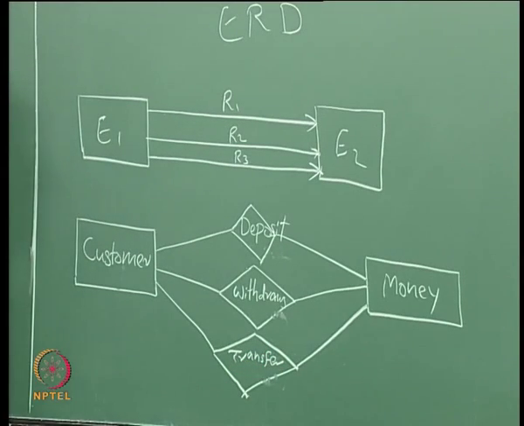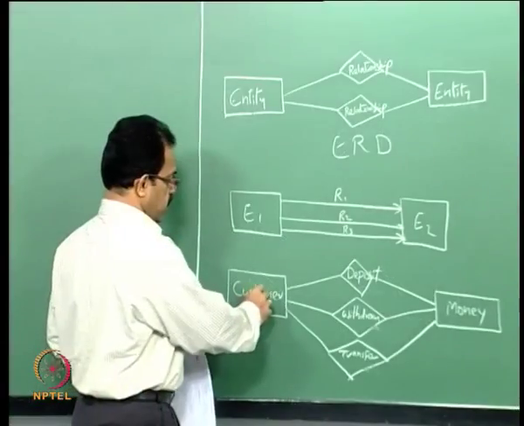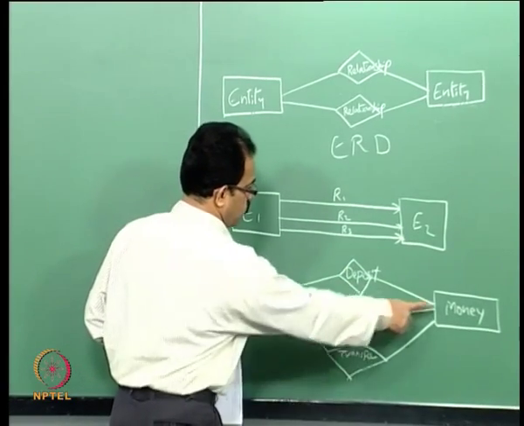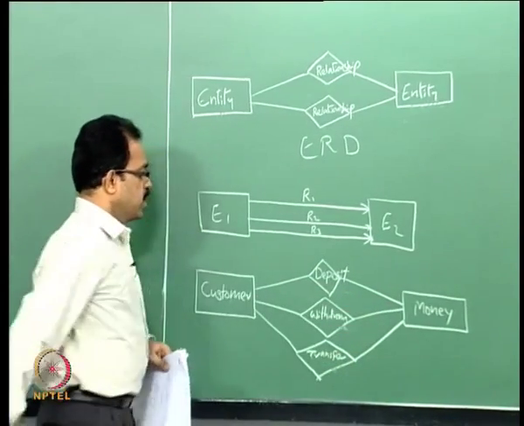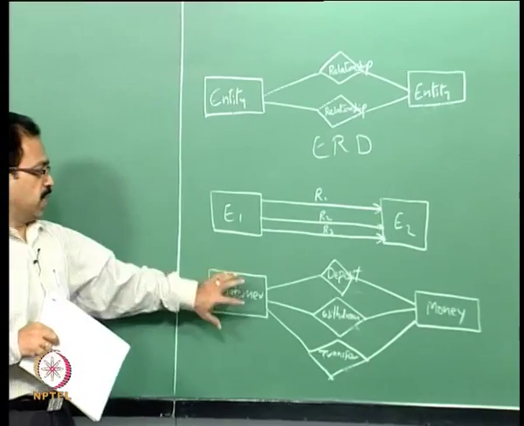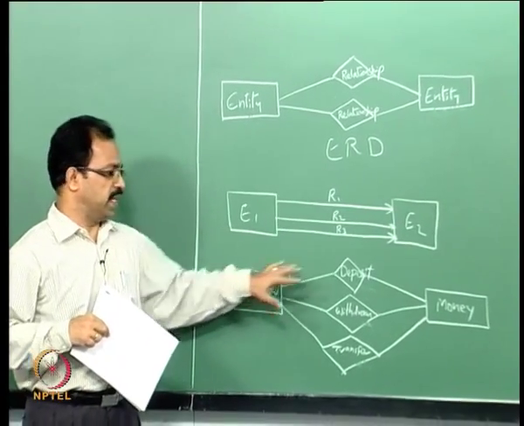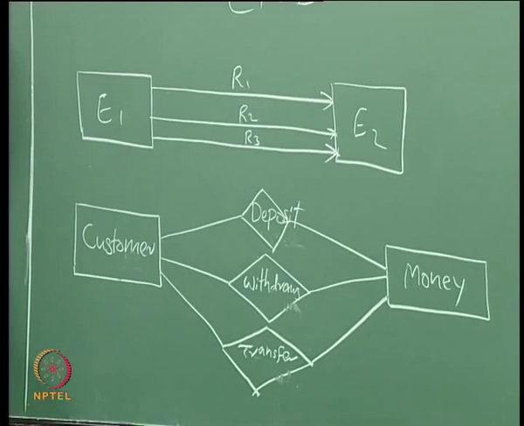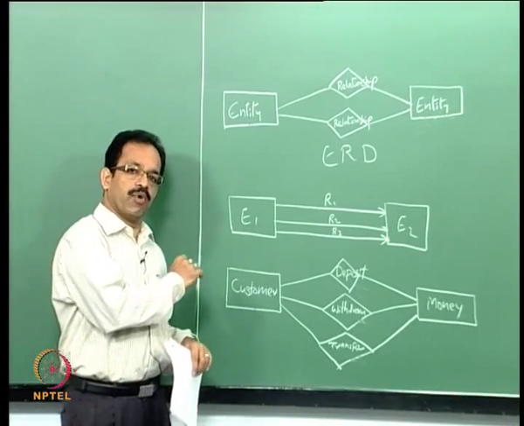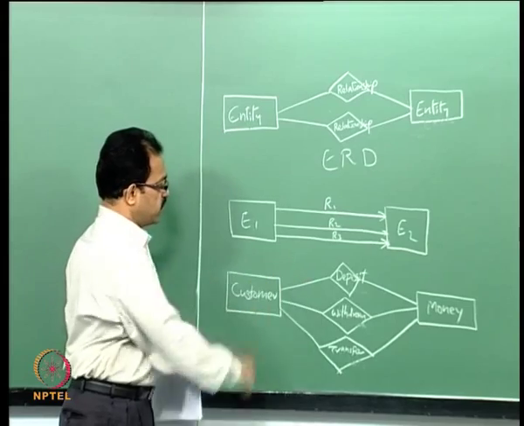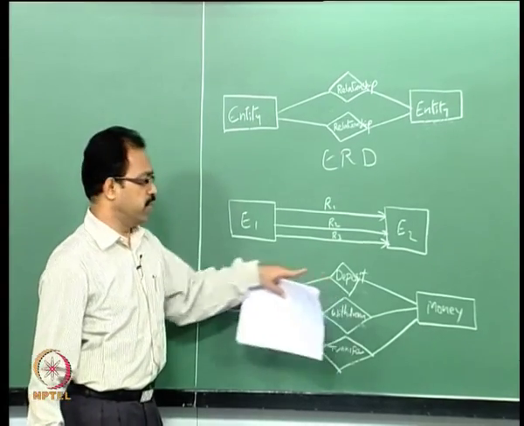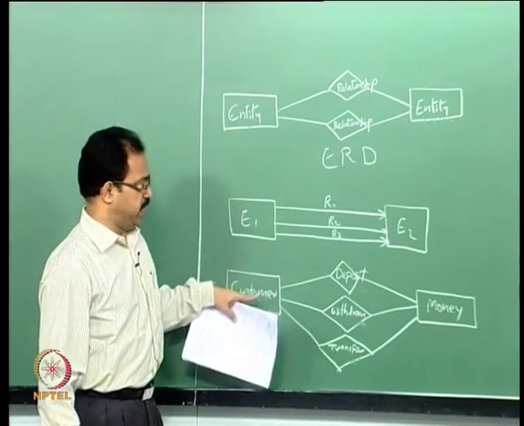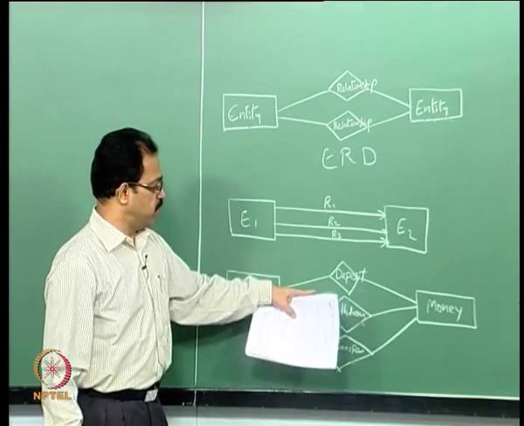So, these are the three relationships we can identify: customer deposits money, customer withdraws money, customer transfers money. This shows the kinds of relationship a customer can have with money, represented using a graphical method. So, it is more of a qualitative modeling technique, where we represent the relationship between the customer and the money, or between different entities. We can have different relationships depending on the scenarios.